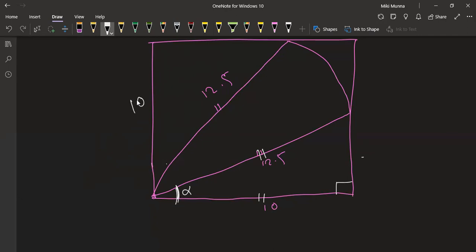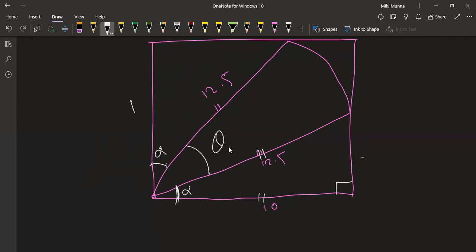Why? Because this side is also 10, and this is 12.5, so obviously these two are equal in size. If that's the case, it's easy for us to find this alpha. Why am I saying this? Because the entire angle is 90 degree. If we subtract this alpha and this alpha from that 90, we should get this theta. This is alpha, that is also alpha, because both are identical.